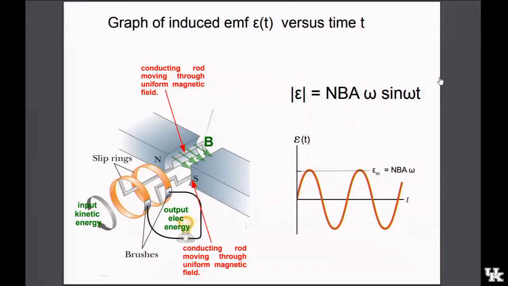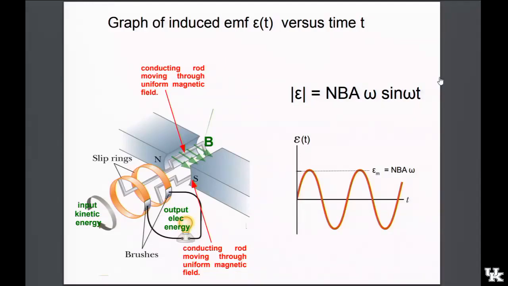So it looks like this if you were to sketch it out. The maximum value is that NBA omega that we argued. So it's at a maximum value here. But it's also, in terms of the size, at a maximum magnitude down here. But there are moments when there's no induced EMF. These points here, these nodes here, where the brown line representing the electromotive force as a function of time is crossing the horizontal axis.